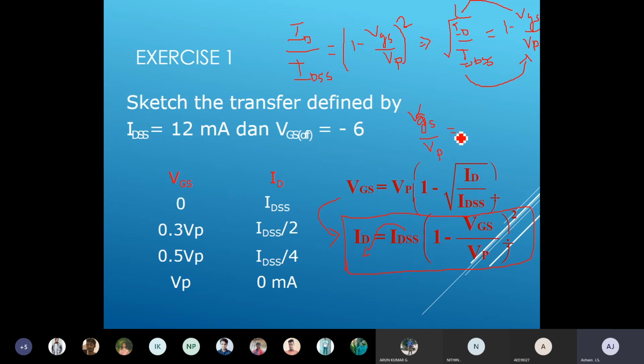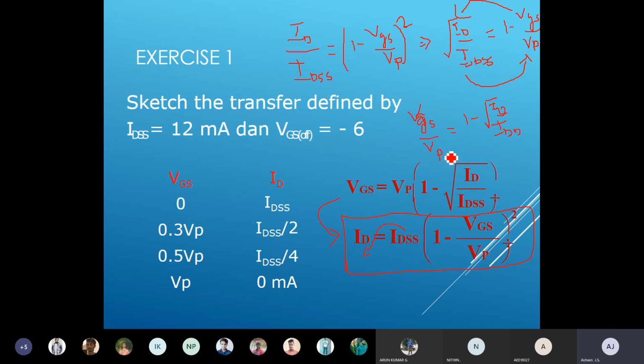is equal to 1 minus the square root of ID by IDSS. If it goes to the right hand side it becomes negative, so I am writing it as root of ID divided by IDSS. Is that clear, guys? It's a simple operation.